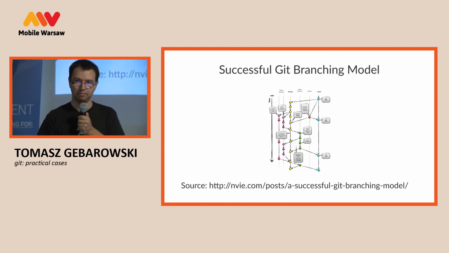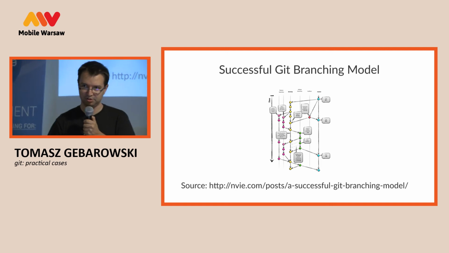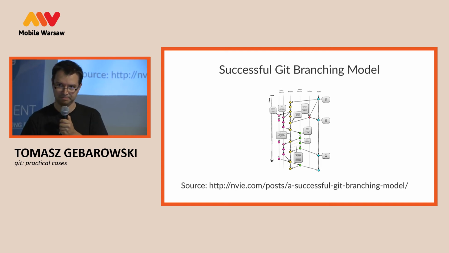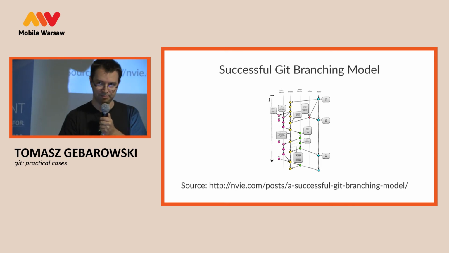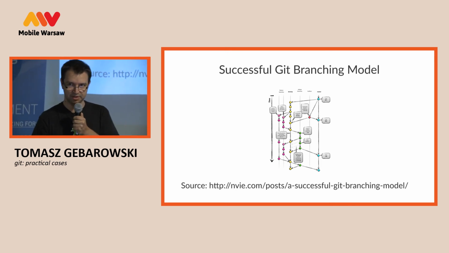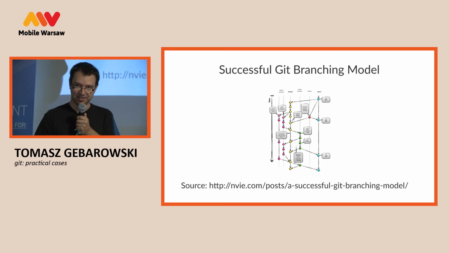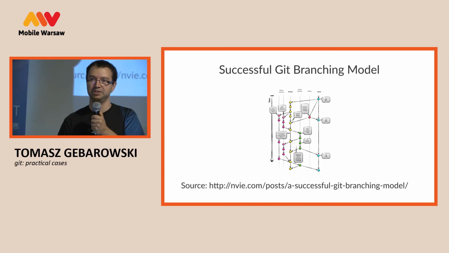Well, in fact, it's a blog post that started the whole Git flow idea. It's called the successful Git branching model, and the guy behind this blog post described the way he thinks is the most convenient for him to work with Git branches.